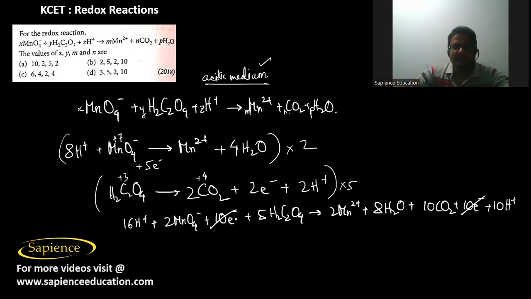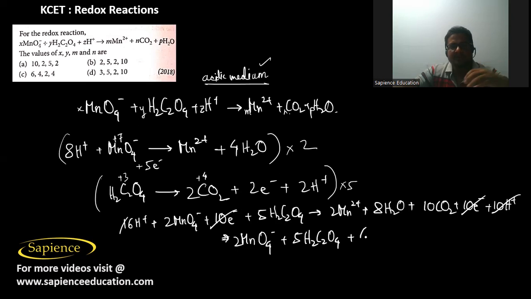So the electrons will get cancelled. Here 10 H plus will cancel with 16, so 6 H plus will be there. The final balanced ionic equation will be 2 MnO4 minus plus 5 H2C2O4 plus 6 H plus, that gives 2 Mn2 plus, 10 CO2, 8 H2O.